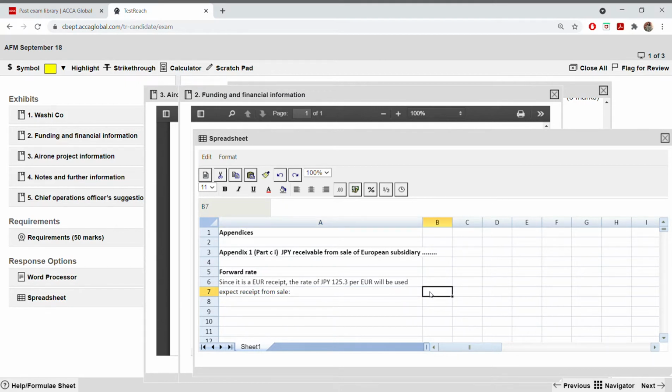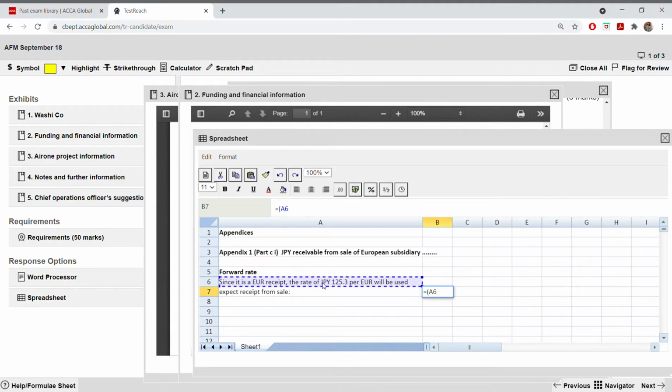It's better that I do the calculation here, and I will just write it with an equal to bracket. What is the expected receipt from sale? Is it multiplication or division? The receipt is 80 million euro. So 80 million is in euro. The rate is in Japanese yen. That's why you have to write this Japanese yen down. Do you understand?